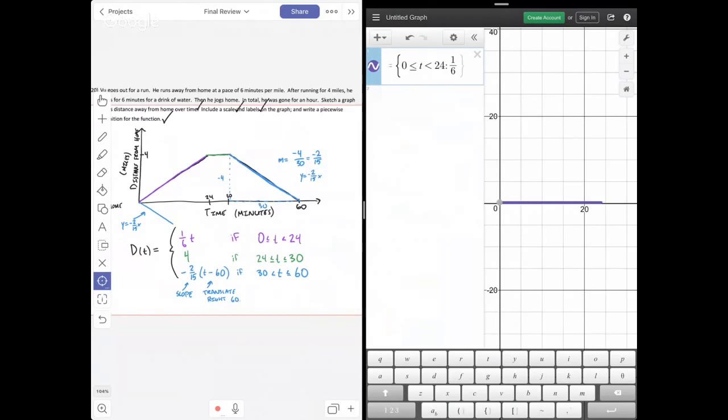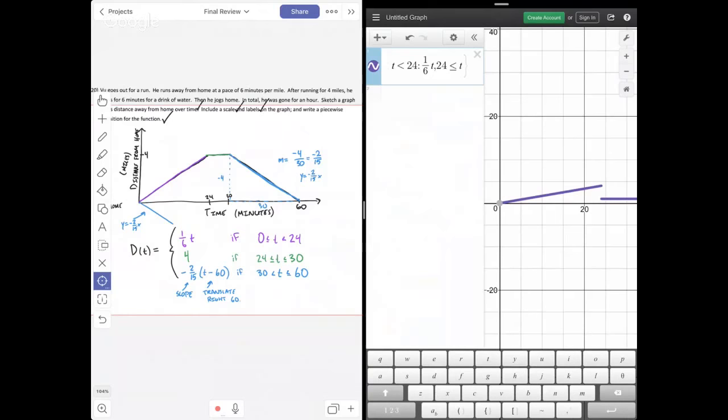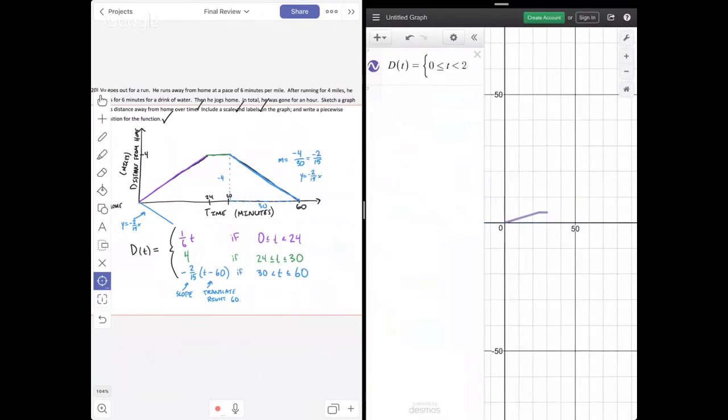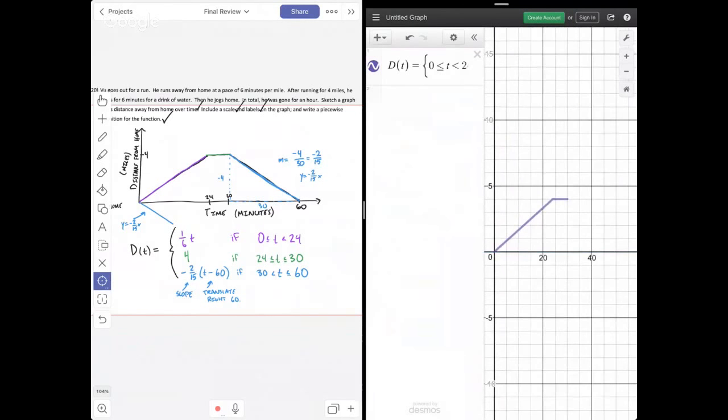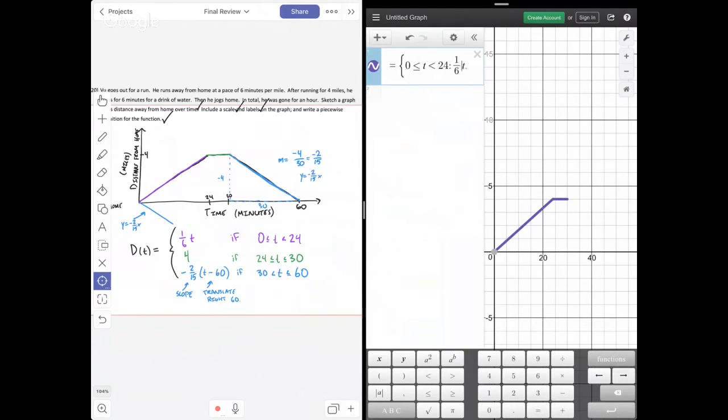And then, on the next domain interval, it's 24 less than or equal to t less than or equal to 30. And in that section, we've got just 4. There we go. So we're seeing here's Vu stopping for a drink of water.